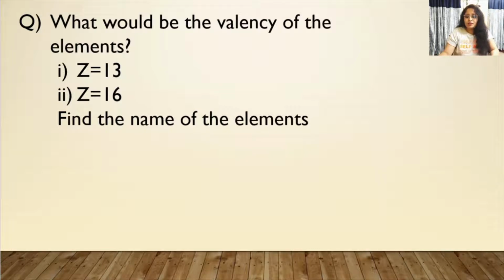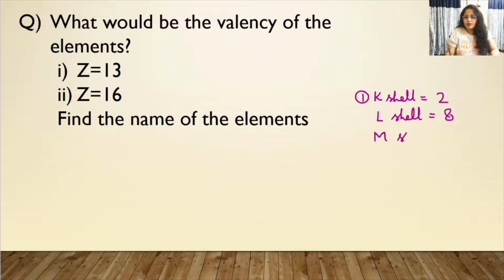First of all, we need to understand the Bohr-Bury scheme. There are 3 points. The first point is for K shell, the maximum number of electrons is 2. For L shell, the maximum is 8.